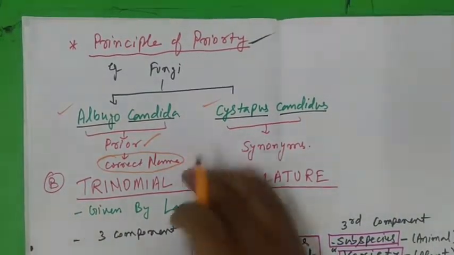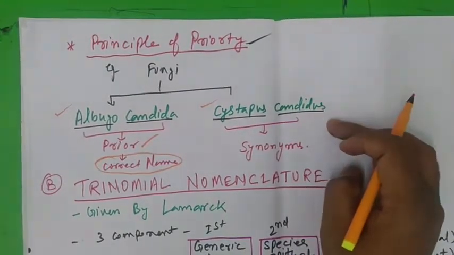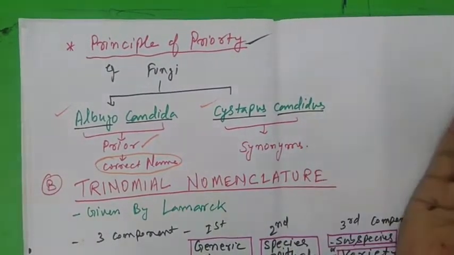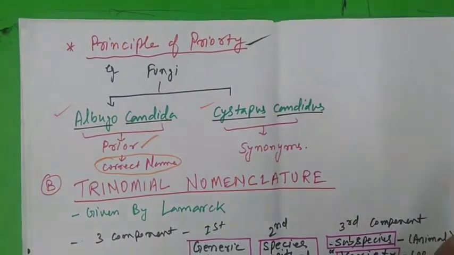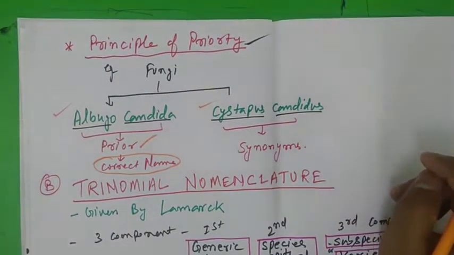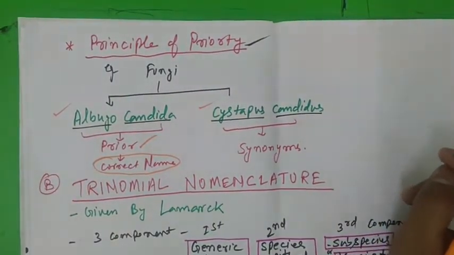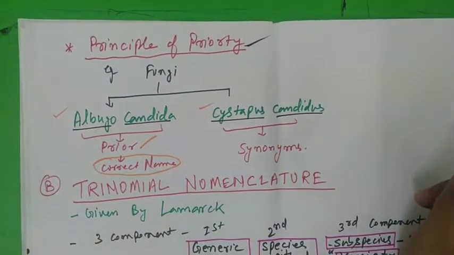Understood? And simultaneously this other one is considered a synonym, but it is the incorrect name. Just we use it as a synonym के तौर पे हम इसको यूज कर लेते हैं. ठीक है? Now, this is all about binomial nomenclature.